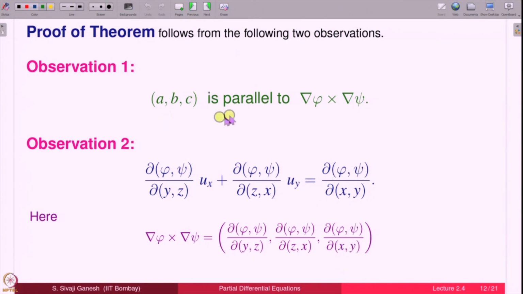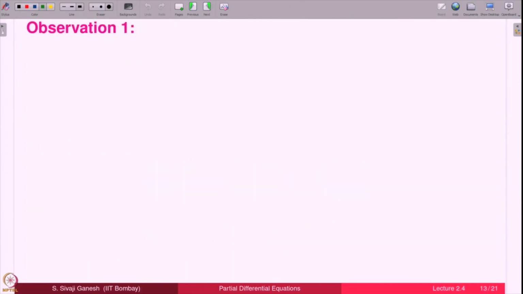If this is parallel to ABC, what does that mean? This vector is some constant times ABC, let us say alpha ABC. So, you can substitute: this is alpha A, this is alpha B, this is alpha C. Cancel alpha, and what you get is A u x plus B u y equal to C. So, these two observations prove the theorem. Therefore, the proof of the theorem follows from the following two observations, and what remains is to prove these two observations.